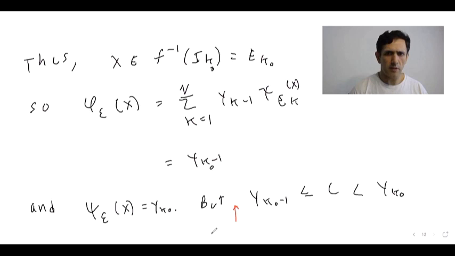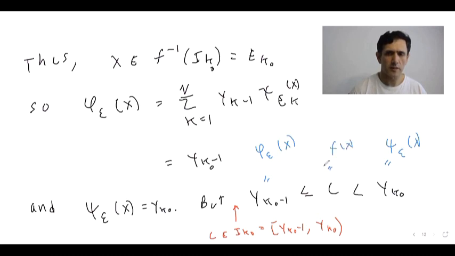And again, this is nothing more than saying c is in Ik0, which is y_{k0-1} to y_{k0}. Okay, so we're done with 1. Why? Because this is what psi of x is, and this is what f of x is.